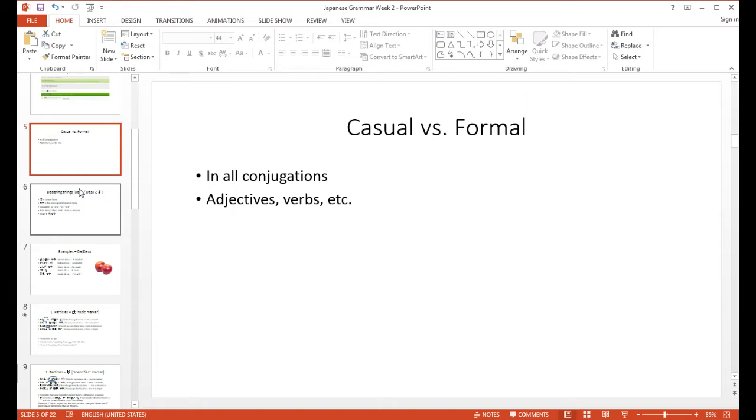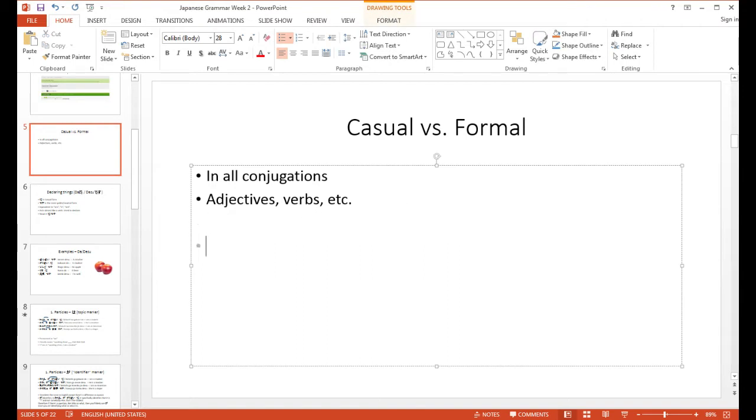Japanese has 2 main ways of speech patterns. There's the casual speech pattern and there's the formal or more neutral speech pattern. This is all present in verbs. You'll see it in verbs and adjectives. For example, take the adjective big.